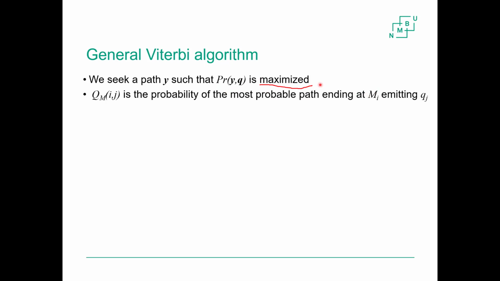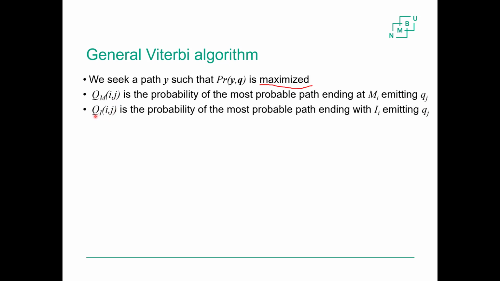Imagine you have started on the path. You're looking at the path that ends in match state number I. That's why we are in row number I here. And we have also emitted symbols. So now that we are in this match state, we emit symbol number J in Q. That's why we are in column J here.